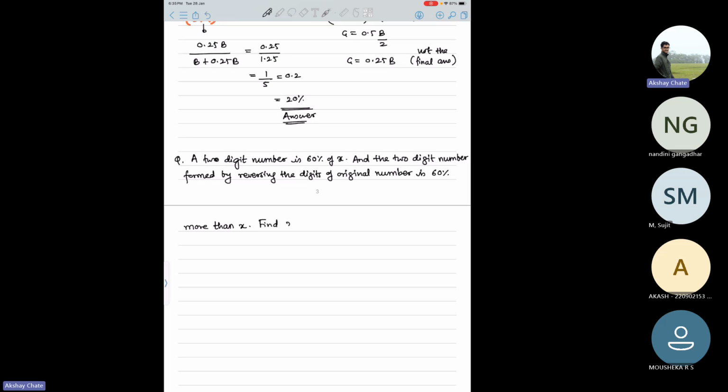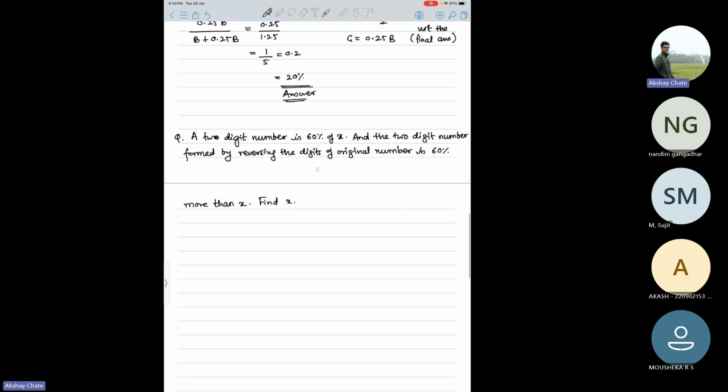Find x. This is your homework, because we have to see other types of problems also.